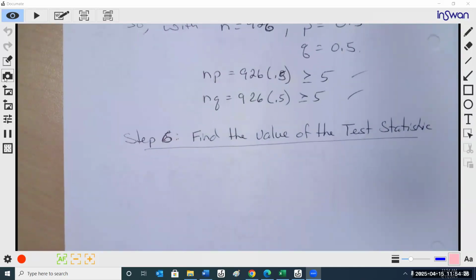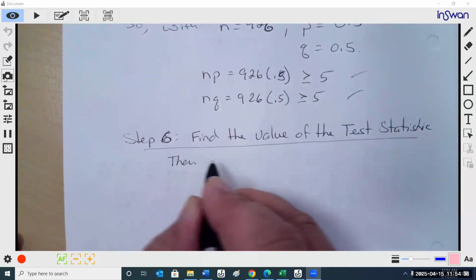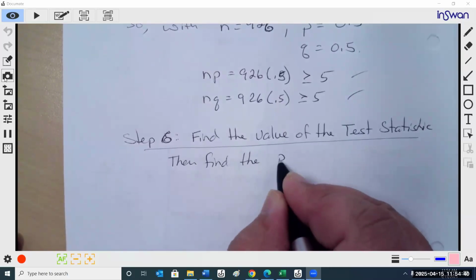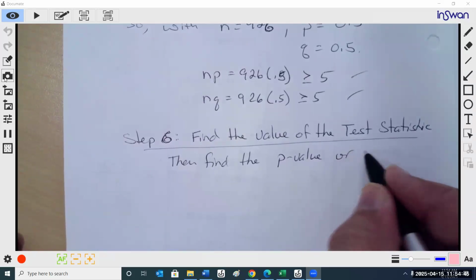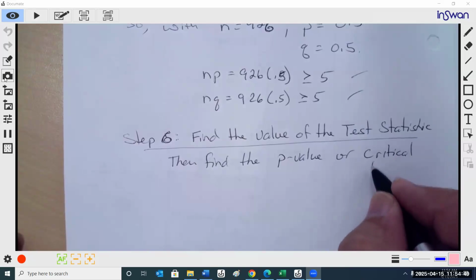Find the value of the test statistic. Once you find that, then find the p-value or critical values.